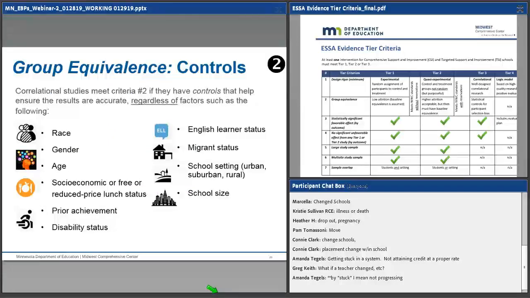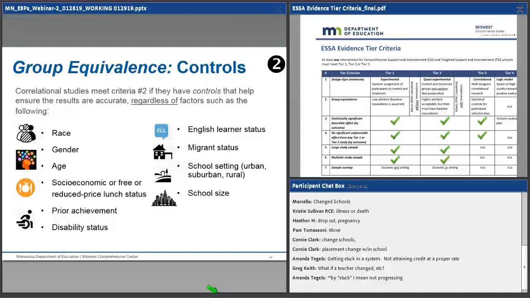Finally, we know that for Tier 3, the minimum requirement is that we have statistical controls for bias. I went through this in detail in the previous webinar, so I encourage you to look at that.